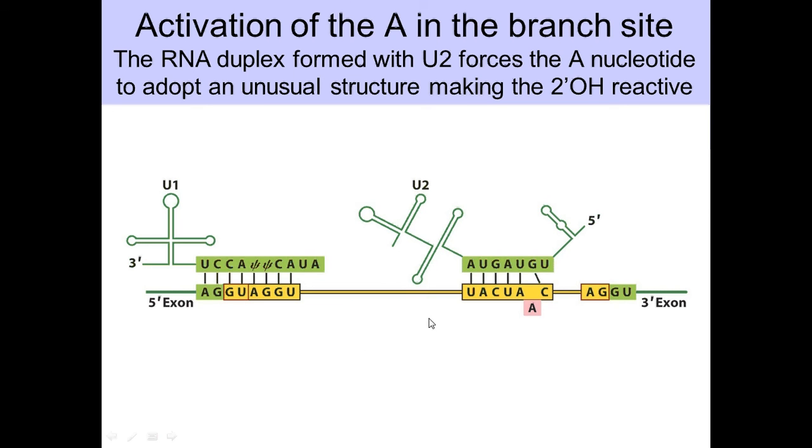So if you had a mutation in the AG or the GU, then you would mess it up, and that would lead to abnormalities. But if the mutation was somewhere over here, it wouldn't really affect it.